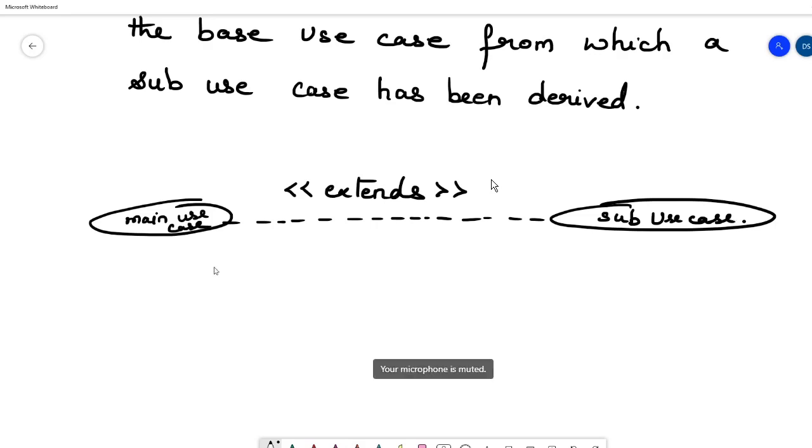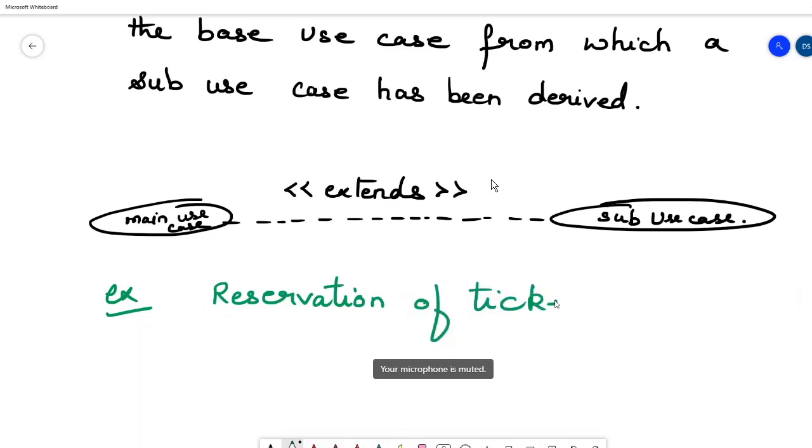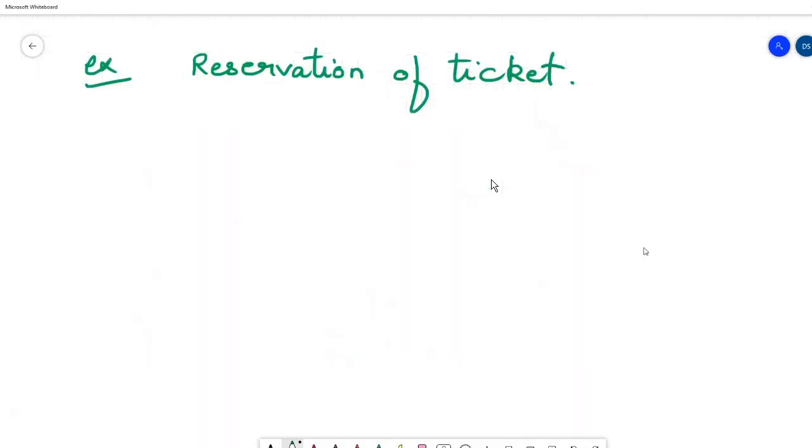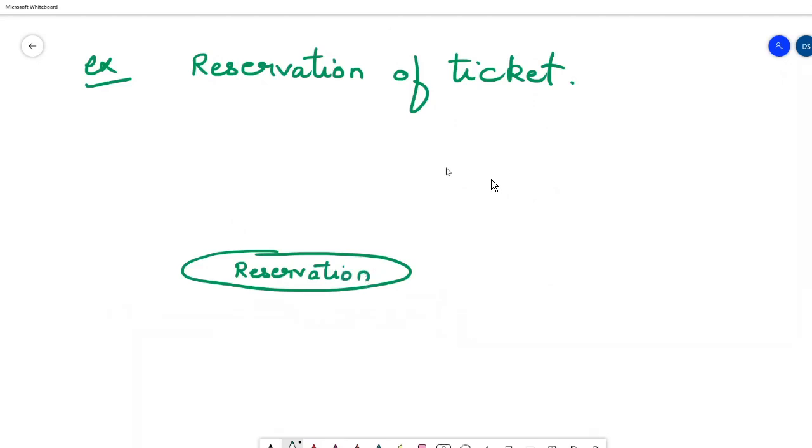Okay, so let's take an example and understand. If I talk about reservation of ticket, it can be a movie ticket or a railway ticket, whatever it is. So if there is a use case, that is reservation. I'm in some site, maybe a railway site or a movie ticket booking site.